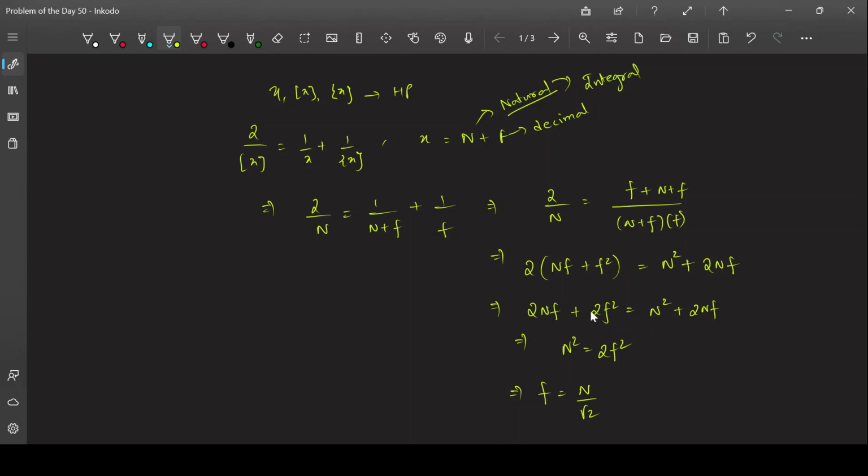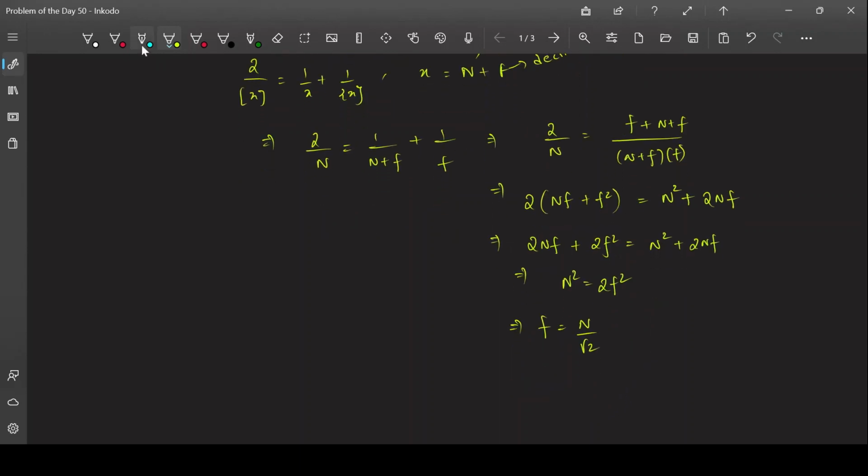So f is equal to ±n by root 2. We can reach the conclusion right now, but I just wanted to make sure all of you understand what is happening here. We know the range of f is 0 less than or equal to f less than 1, and I also missed another thing, that is minus n by root 2. So 0 less than or equal to n by root 2 less than 1, and the other case is 0 less than or equal to minus n by root 2 less than 1.